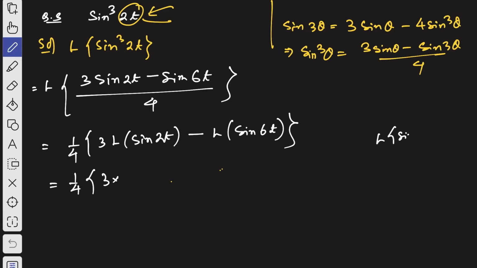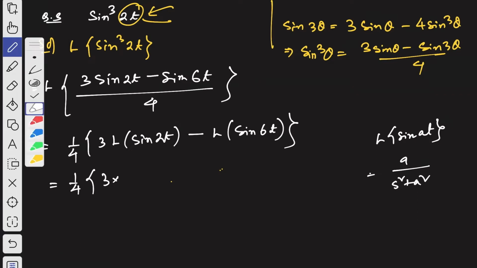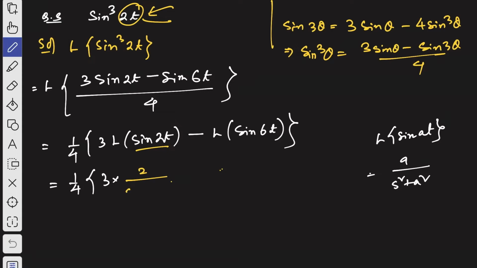Laplace transformation of sine at, we know that is equal to a by s square plus a square. So if you apply that, then you will get 2, instead of a there is 2, s square plus 2 square, here it will be 4, then minus Laplace transformation of sine 6t, here a is 6, so here we will get 6 by s square plus 6 square, that is 36, right?